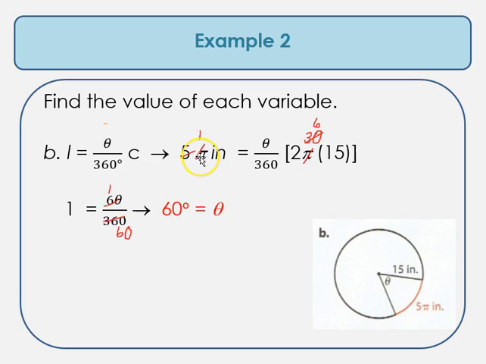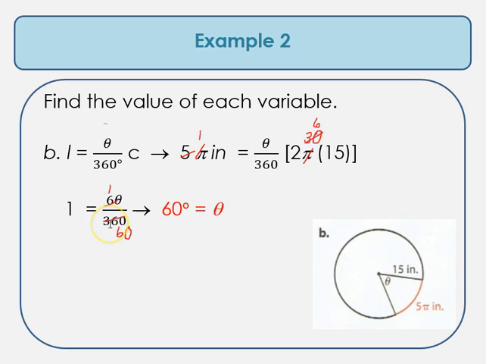Let's begin by canceling out pi on both sides, which is the same as saying we're going to divide both sides by pi. Let's reduce 30 by 5, which leaves 6. And now we have 6 theta over 360.